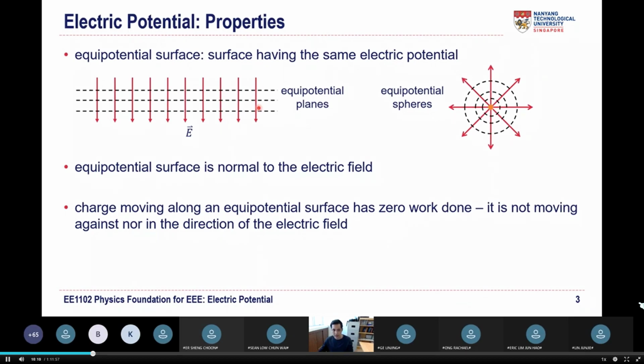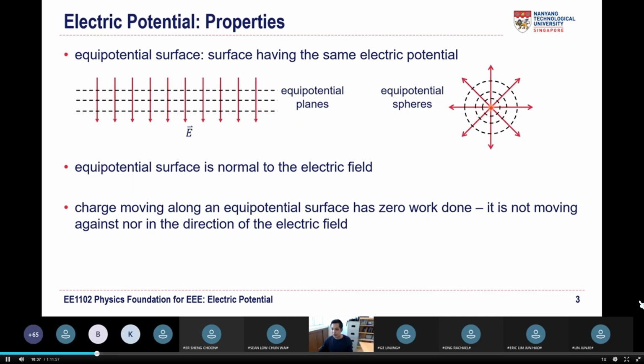Of course, between these three, the electric potential is going to be different, but if you just move along that surface, you will not have gained or lost any electric potential if a charge was moving between them. Okay, so this is the case for electric field going in a single direction.